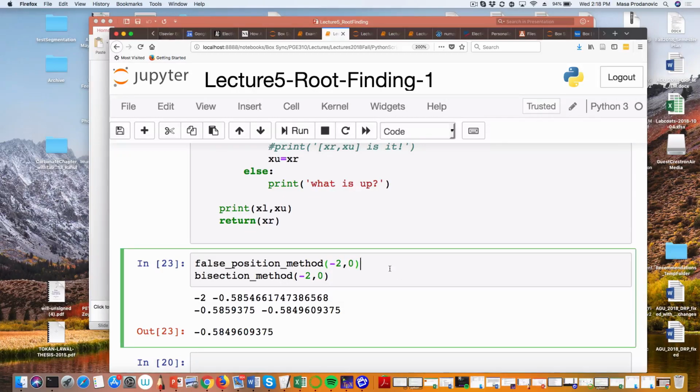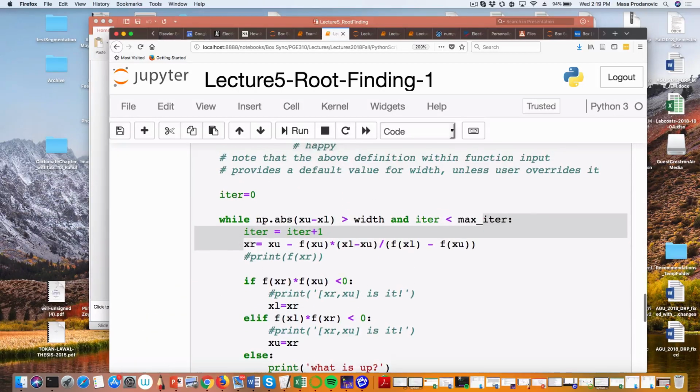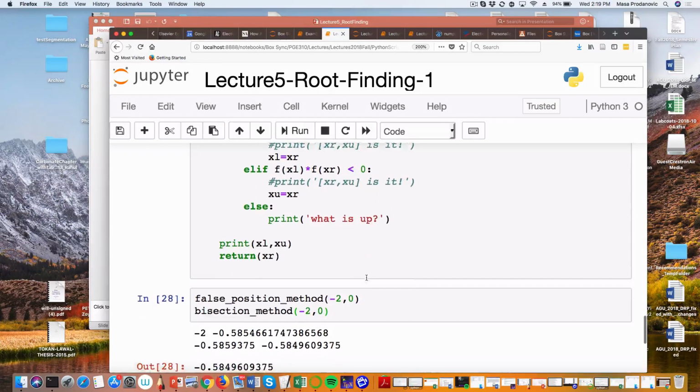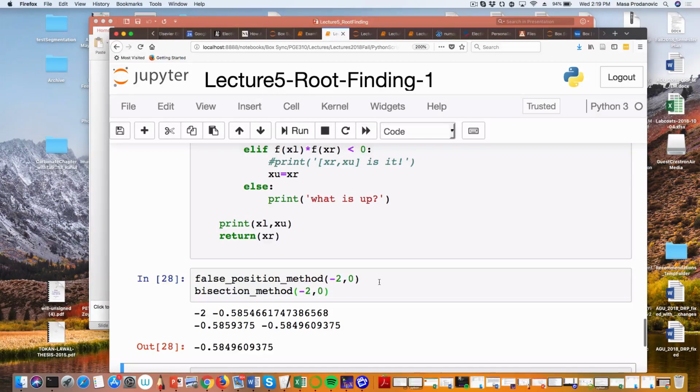let's see. Do I have any printouts? So both of the methods will zoom in on a pretty similar root.